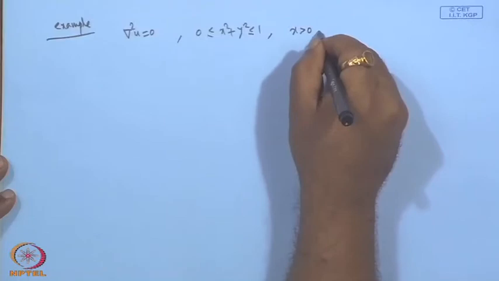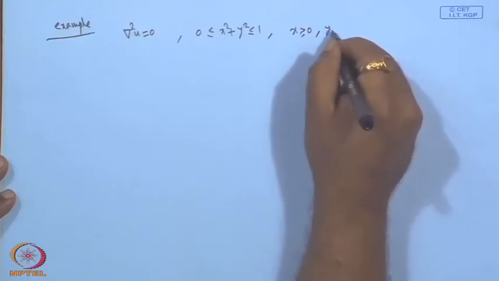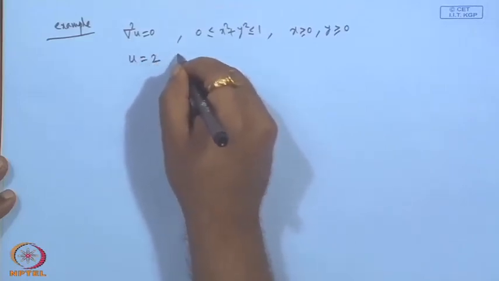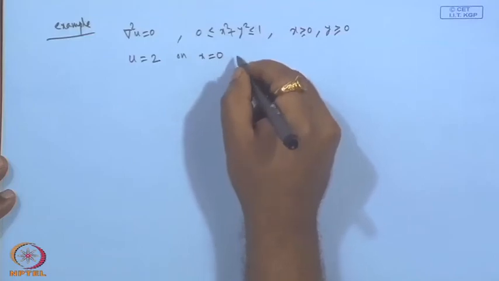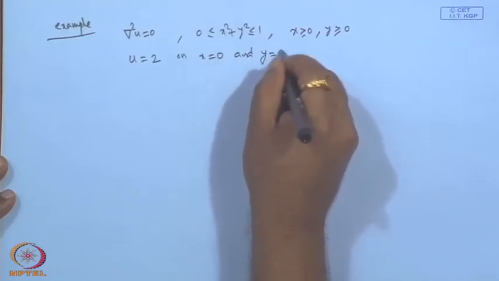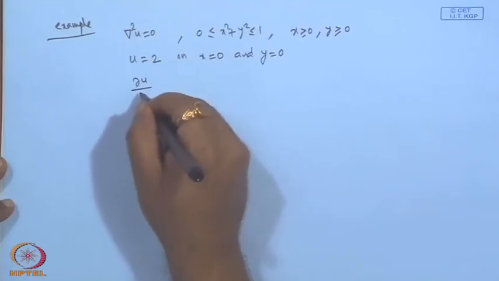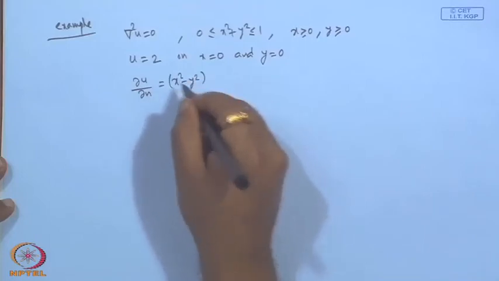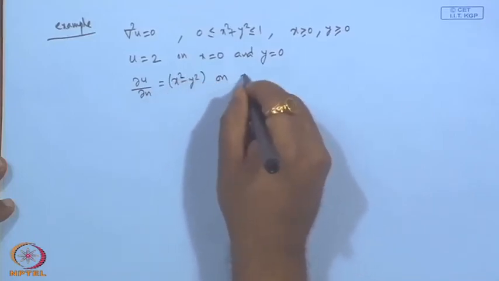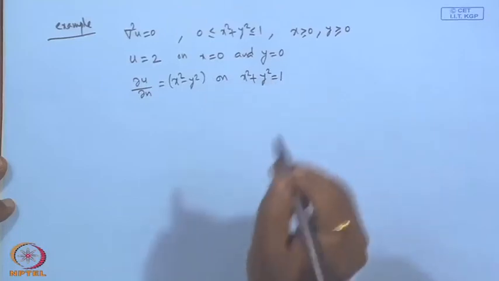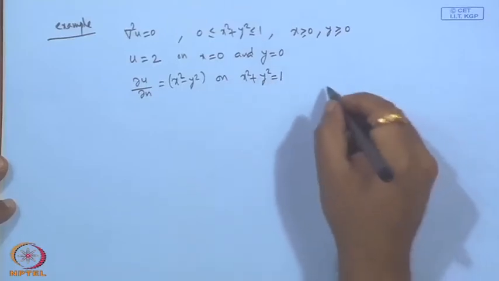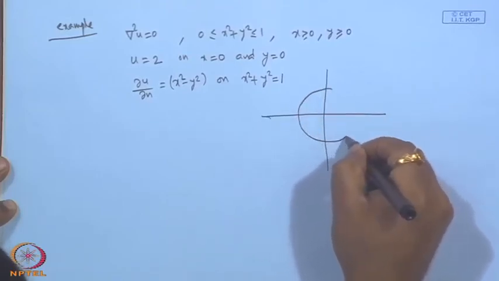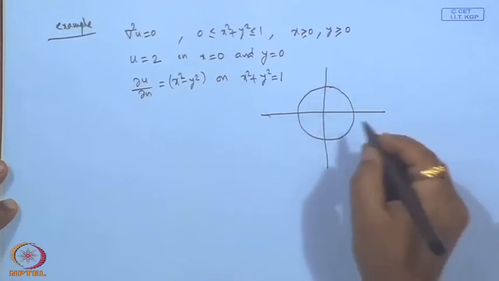However, in the first quadrant, u is 2 on x equal to 0 and y equal to 0, and dou u by dou n is given on the circle, which means, of course, this is a circle with radius 1.